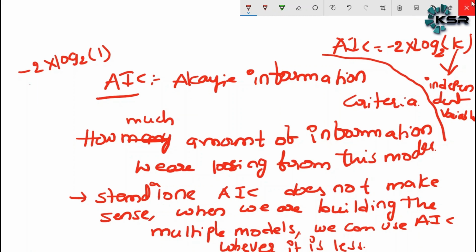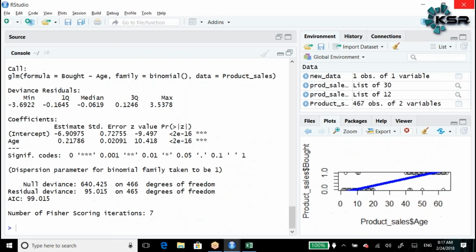Based on this, we get these values. Fisher is the scientist who found logistic regression. Based on this iteration, to get these values internally, it ran 7 iterations. This is the meaning of all of this. Again, we will discuss this on Monday.